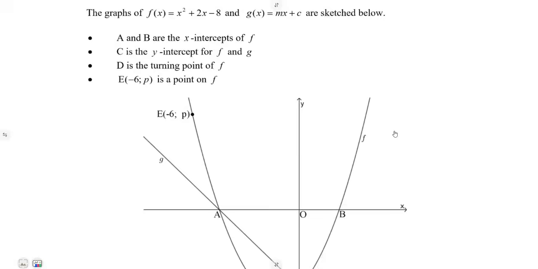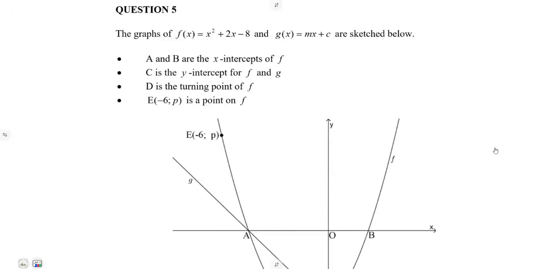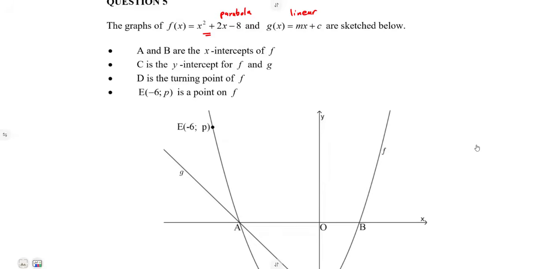From this information, our f of x is a quadratic function or a parabola, then our g of x is a linear function.